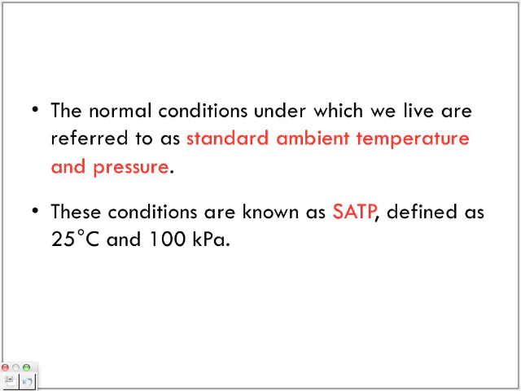Normal conditions under which we live are referred to as the standard ambient temperature and pressure, referred to as SATP. Okay, so that's the short form. When we refer to the ambient temperature, we're referring to 25 degrees Celsius, and the pressure as 100 kilopascals. Also keep note that when we have temperature in degrees Celsius, we can convert to Kelvin by adding 273.